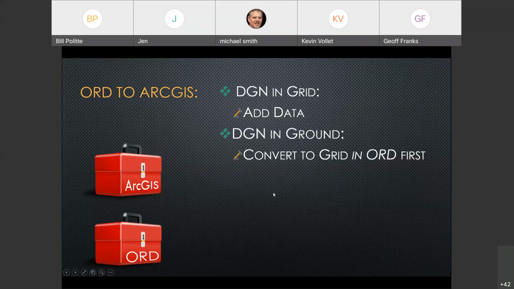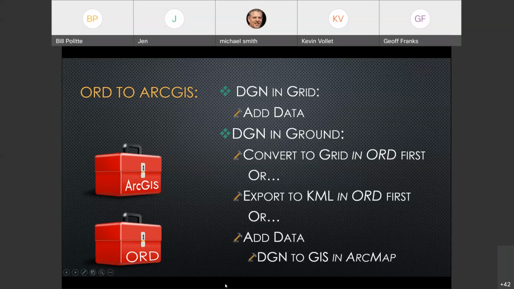Then it's in grid, bring it in, no problem. You could also export it to KML first before you bring it into ArcGIS, because for some reason it lands where it should. So that is another pretty easy option.